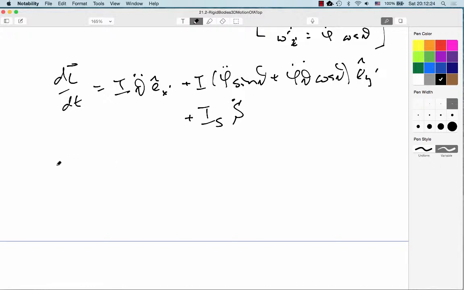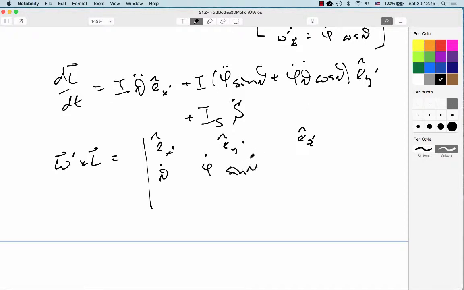All right. Also, our omega prime cross L, that will be the determinant here: e_x', e_y', e_z', theta dot, phi dot sine theta, phi dot cos theta, I theta dot, I phi dot sine theta, and I_s s.